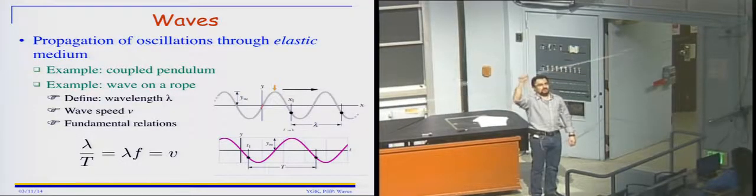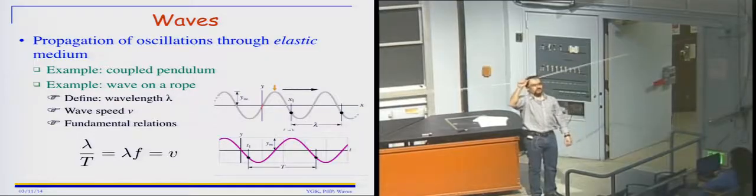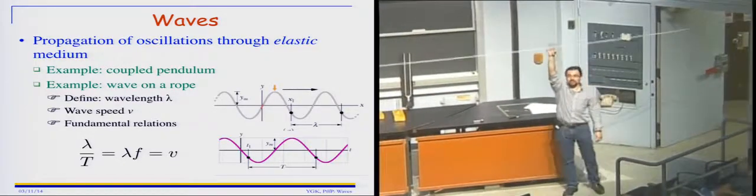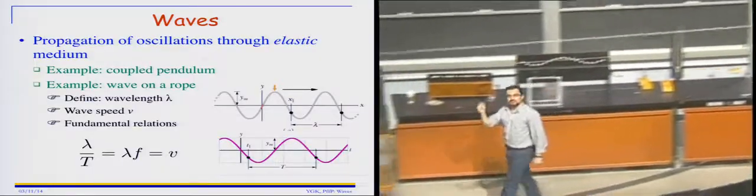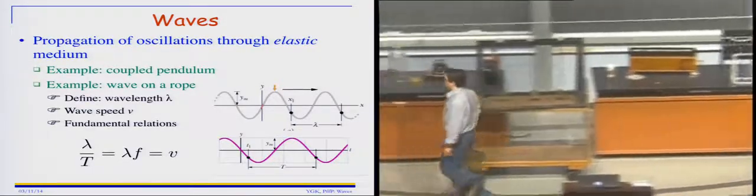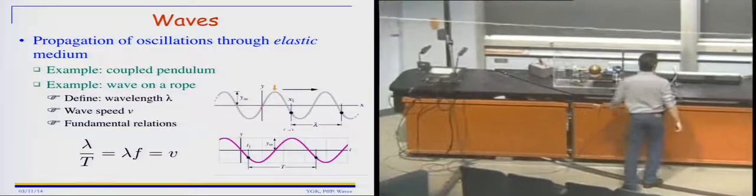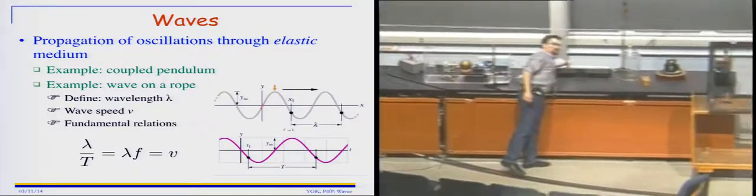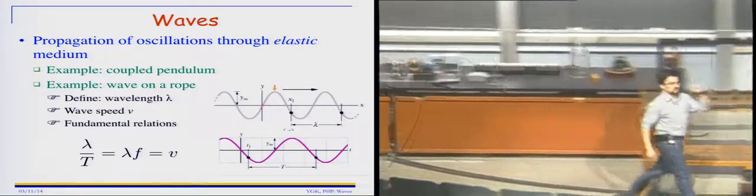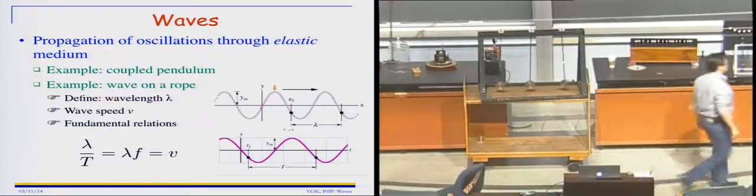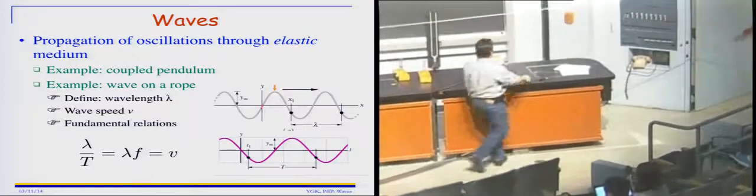This frequency is smaller than something like this. So the frequency of vibration typically has something to do with the source. How fast I excite the vibrations. For example, which note I play determines the frequency or the period of vibrations.